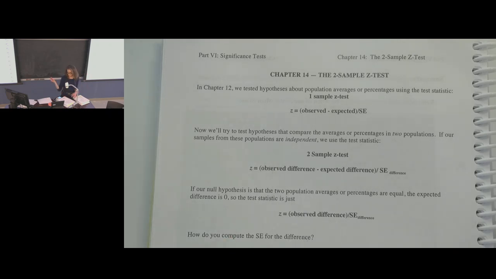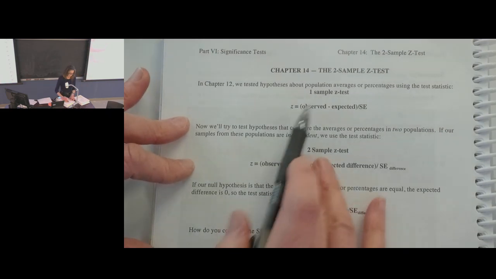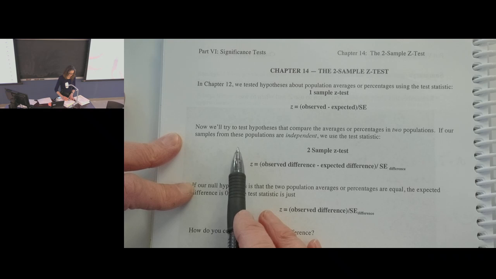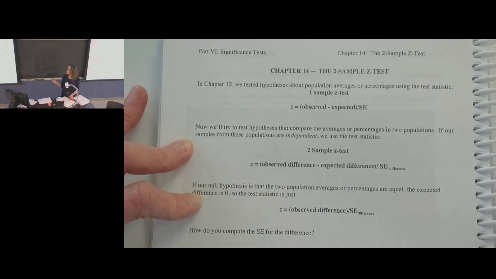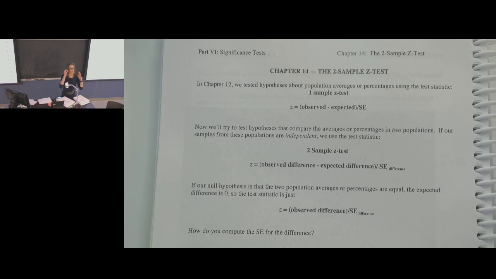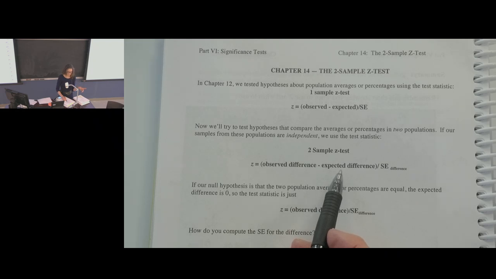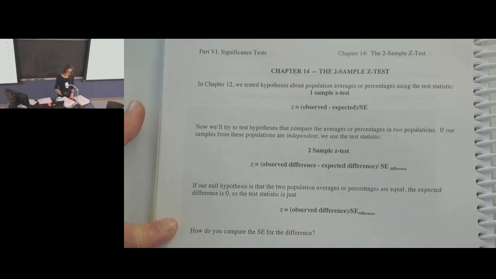So how do we do a two-sample test? If our samples are independent, like how well the males do doesn't affect how well the females do, or how well people do in the in-person class doesn't affect how well they do in the online, then we can use this statistic: our observed difference minus the expected difference under the null, divided by the standard error of the difference.